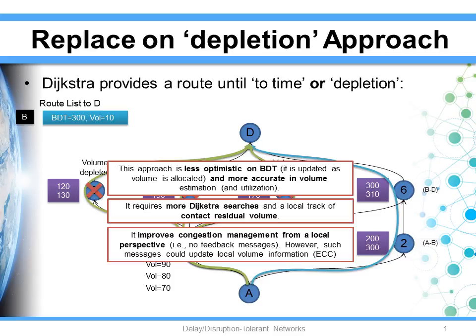As noticed, we are only using the information in the contact graph to make these forwarding and routing decisions, so we are not relying on feedback messages.